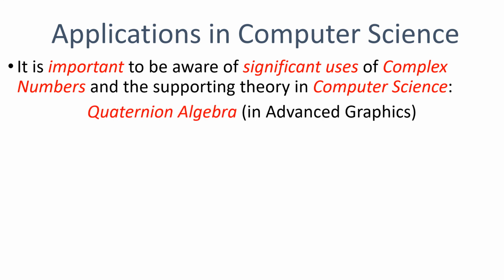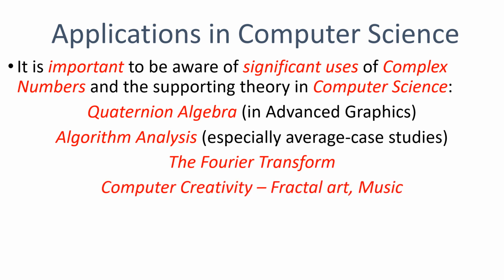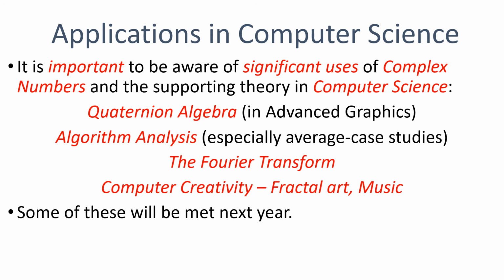These are things such as the use of quaternions in advanced computer graphics, the use of integral calculus and complex number theory in analysing algorithms, particularly in average case studies. Ideas such as a Fourier transform, ideas such as the application of complex number theory in this area of AI called computer creativity. Now, some of those techniques you'll meet next year.